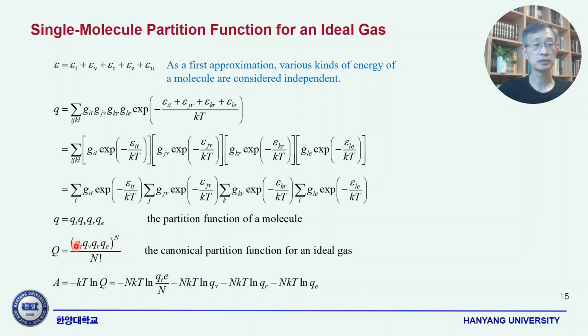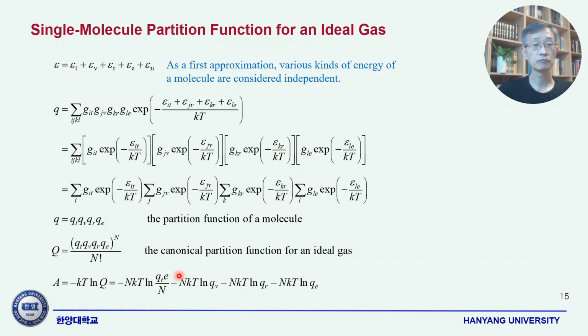But N is the exponent, and when we put the ln here, N goes in front of the log sign. So the first term, the Qt, is then minus NkT ln Qt, and then we apply ln 1/N factorial, which is minus ln N factorial, and then we apply Stirling's approximation to that, so we obtain this.